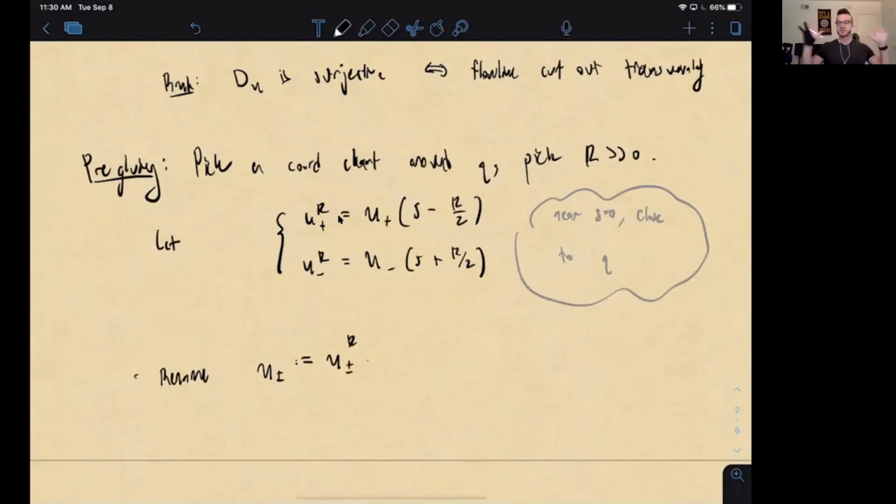I'm just going to drop the R for now, since I've already shifted these, and use U plus and minus to denote the shifted flow lines.